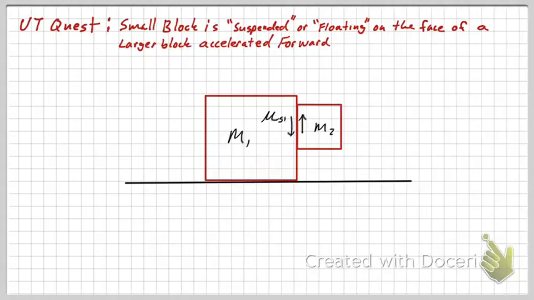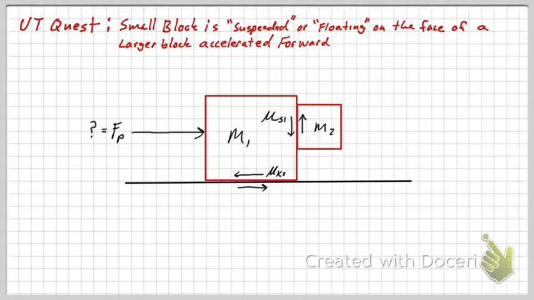I think you got a mu static here that's between the blocks. And then you have a mu kinetic here. Let me change that to a K, because it's sliding on the floor. And I think that's about all you're given. I think they actually give you the coefficient of friction.